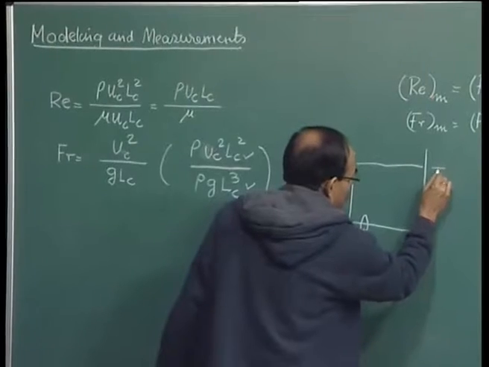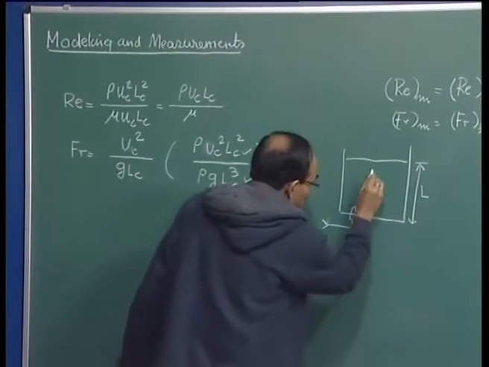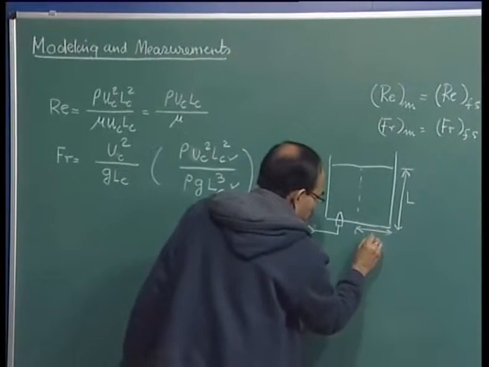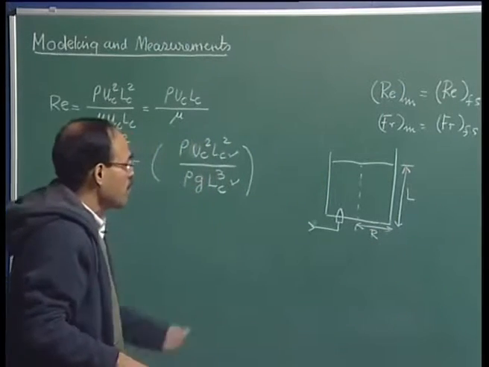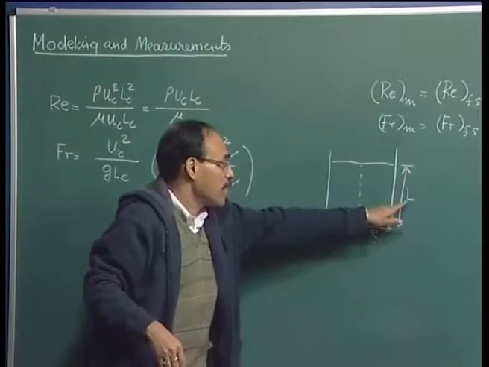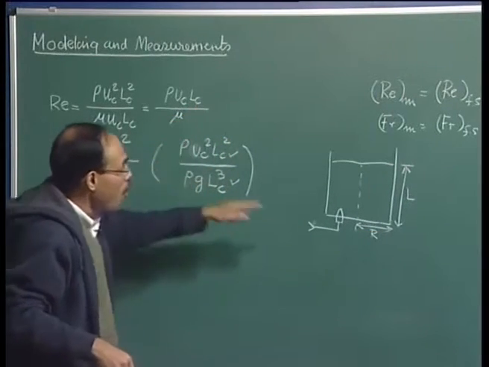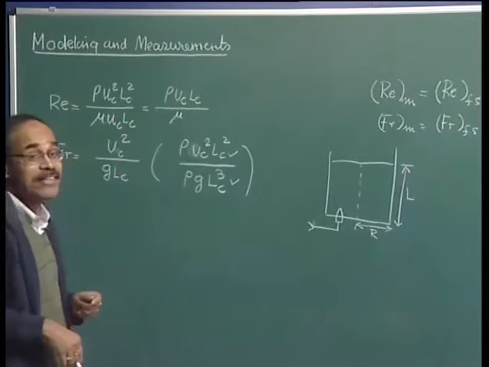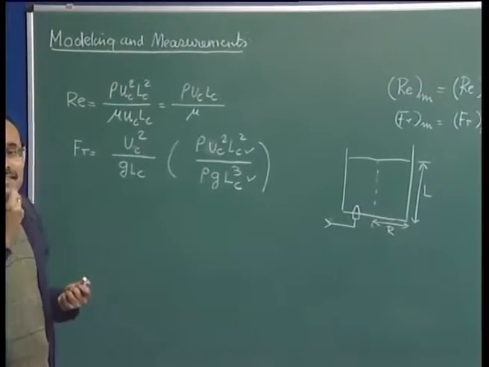You can say I have depth of liquid L and I have a radius or a diameter of the vessel. And whether this depth of the liquid should represent the characteristic length, or the radius of the vessel or the diameter of the vessel should represent the characteristic length, that is an important issue to decide, because it is not usually forthcoming.